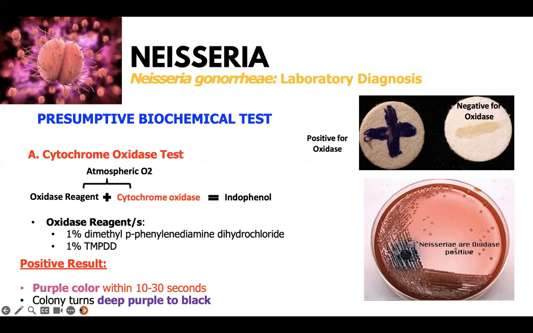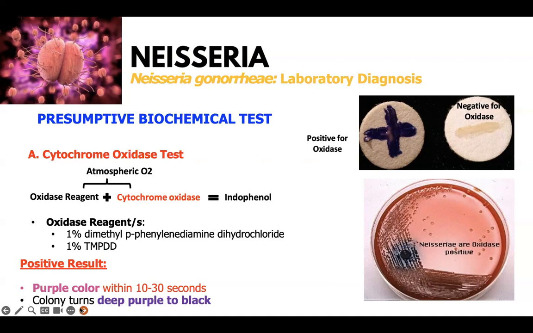So just to remind you ano yung mga positive results na in-expect natin. Ipapahid lang natin yung colony natin dito sa filter paper na nabasa nung ating reagent. Pag nag-purple, that's positive for oxidase, 10 to 30 seconds. Pag walang change, negative siya automatically.